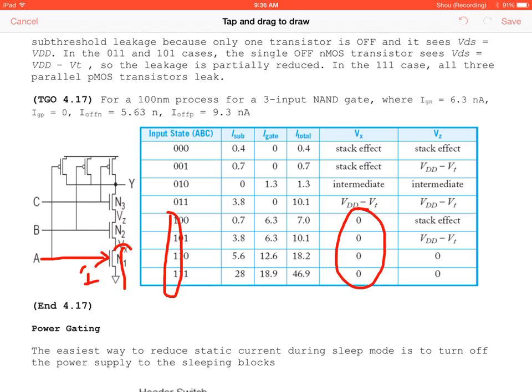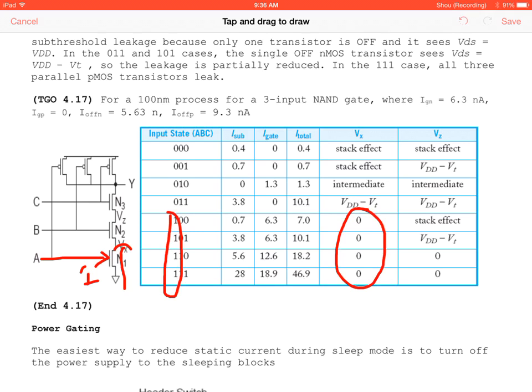So you can think of this as a gate. The NMOS allows a 1 on it. When it's a 1, it can open, and it will allow a 0 through the output, which is why all of these instances where A is 1 are going to have a Vx equal to 0. So then our Vz, where N2 is off, is going to be VDD minus VT.